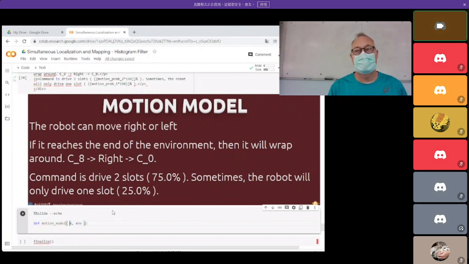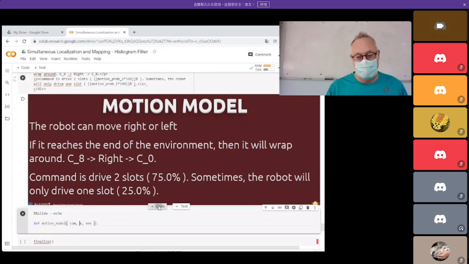What else do we need to know? The command to move. The robot has two commands, two actions it can execute. It can drive either left or right.